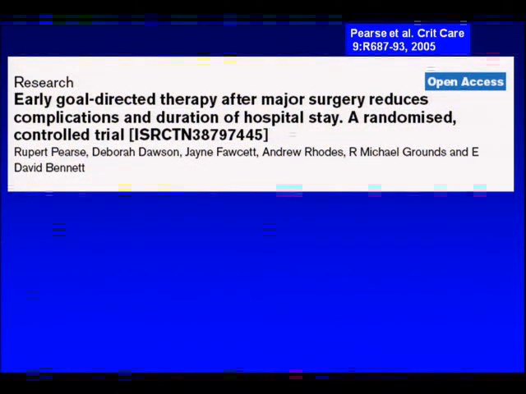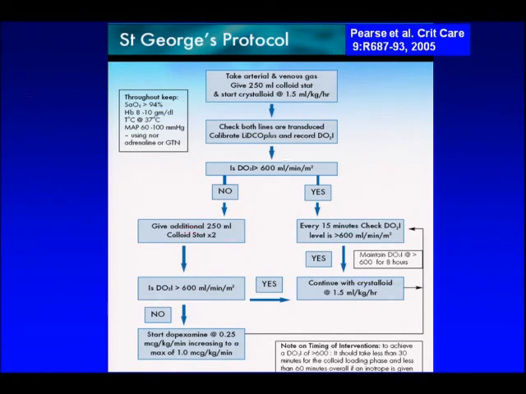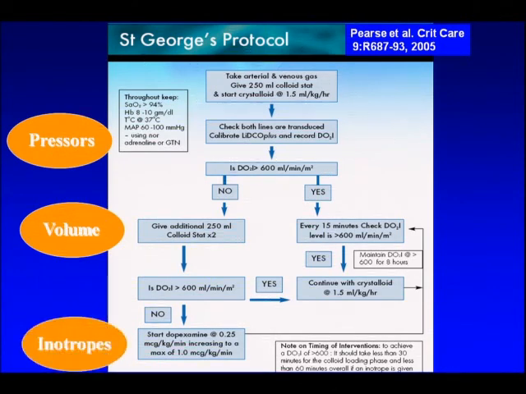What about high-risk patients who had surgery in a routine fashion and then post-operatively have optimization? These are some of the studies that came out from the St. George's group looking at early goal-directed therapy after major surgery. Again, using an oxygen delivery model and the relatively non-invasive cardiac output monitors, first using volume, then, once volume is optimized, using pressors as well as inotropes to optimize both pressure as well as flow.